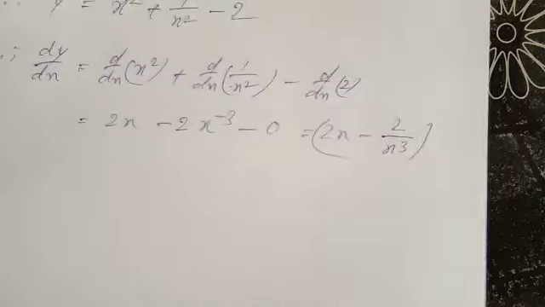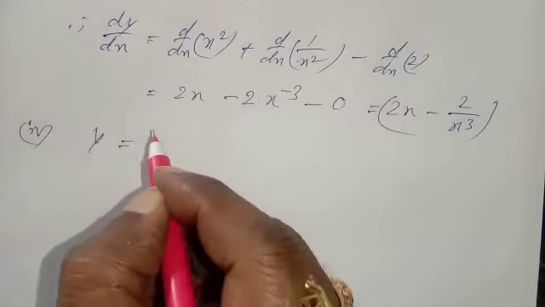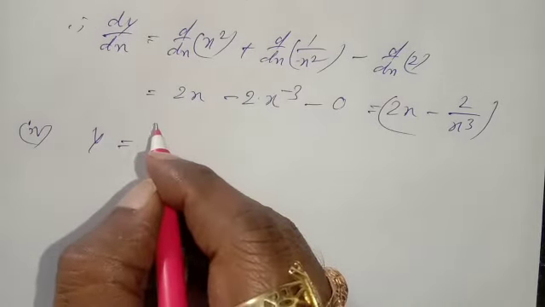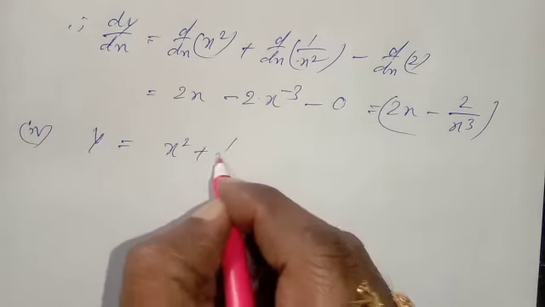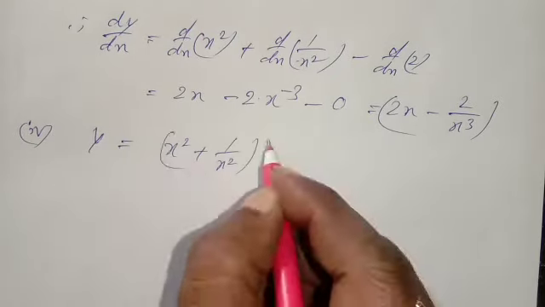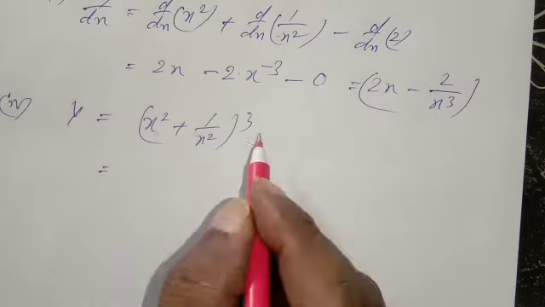That is what is given. Number 7, last part question given. I am doing y is equal to x square plus 1 by x square whole cube. First we have to break it using the a plus b whole cube formula.